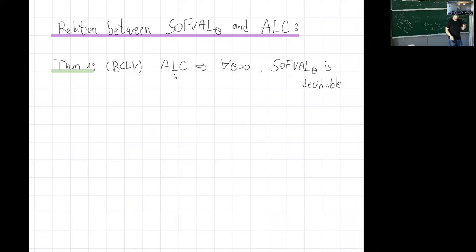It's actually a sequence of algorithms: for every theta, we define an algorithm. Given this theta, it will decide for sure whether a subgroup test is of value 1 or value strictly smaller than 1 minus theta, given the promise that you're in either of these cases. So that's the first theorem.